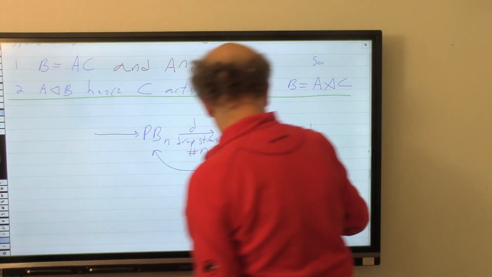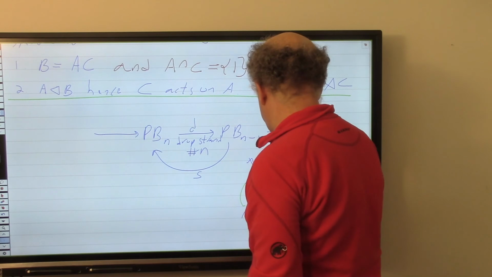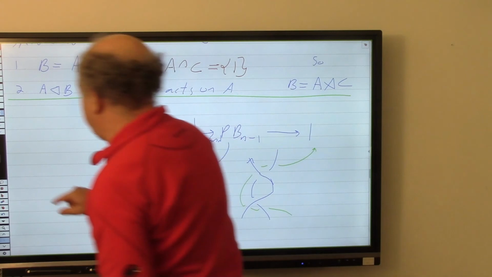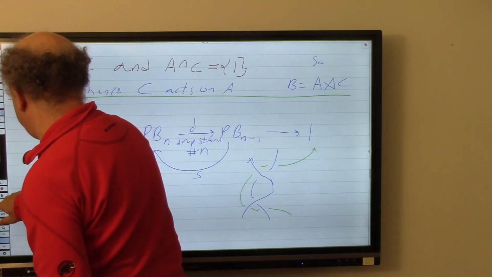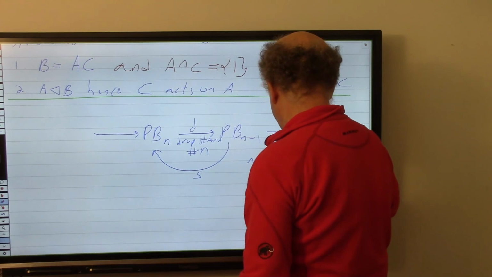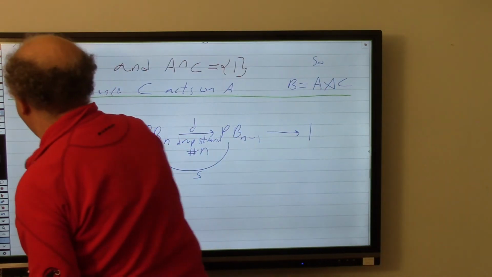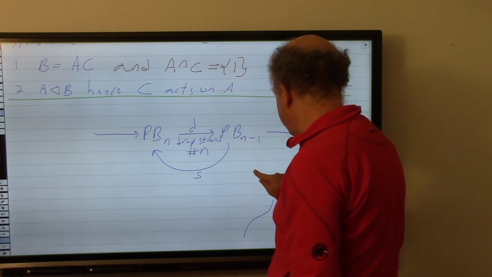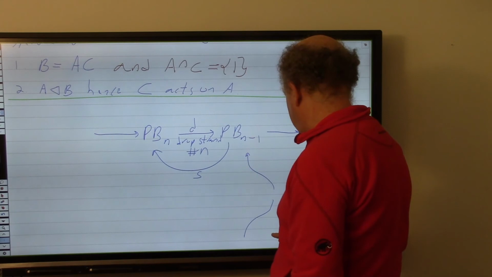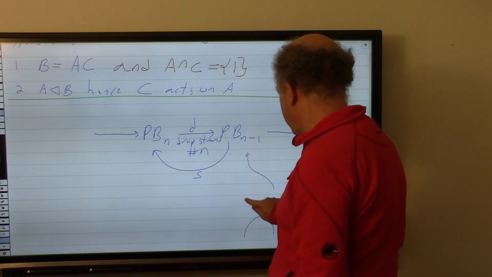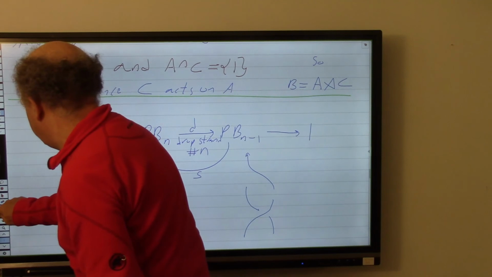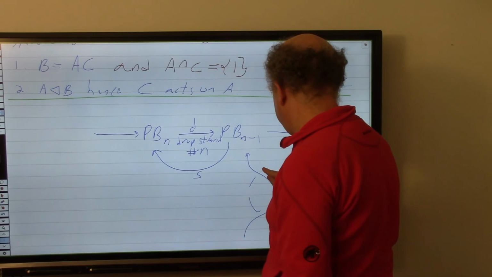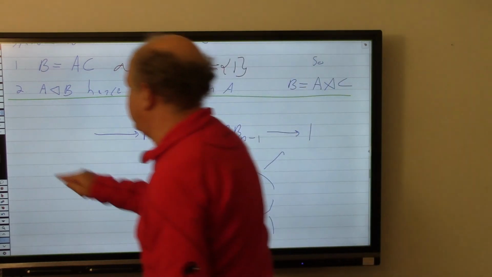So maybe this is a more correct picture, and, you know what? Maybe instead of fixing this picture again and again, let me draw a better picture. So here is a braid which becomes trivial upon dropping the last strand.